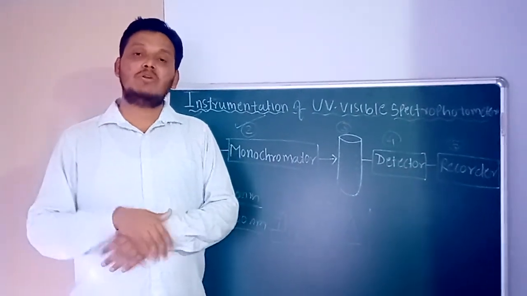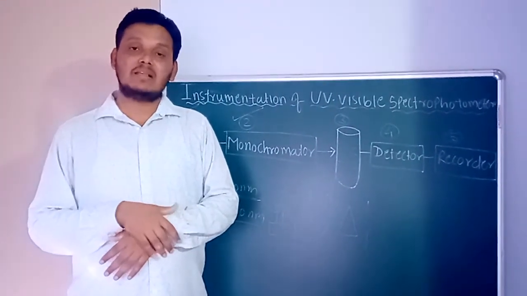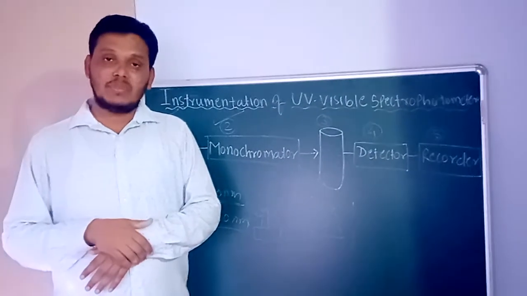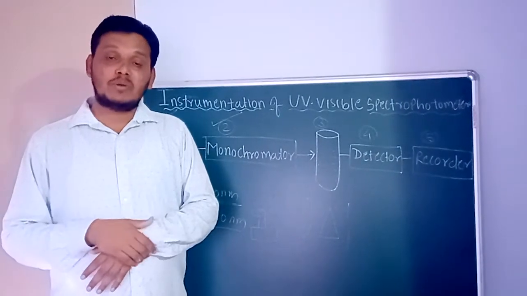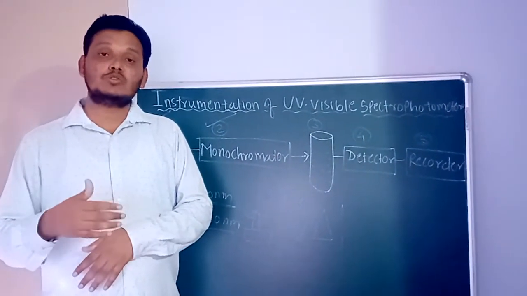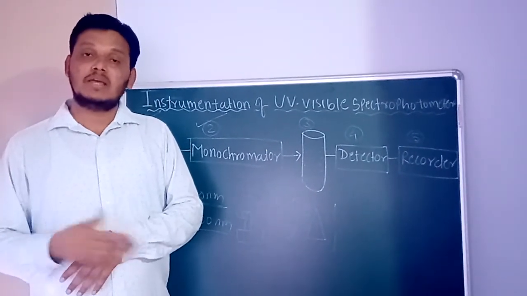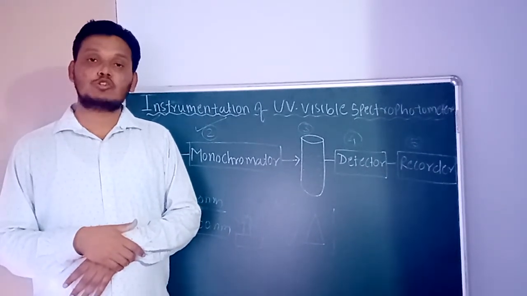It is also useful to study the kinetics of chemical reactions, to determine the molecular weight of a compound by using Beer's law, and to distinguish between conjugated compounds, conjugated olefins. These are the applications of UV visible spectroscopy.